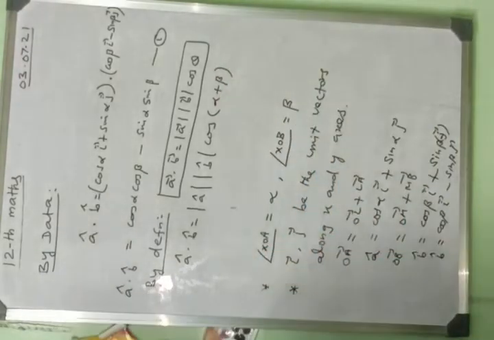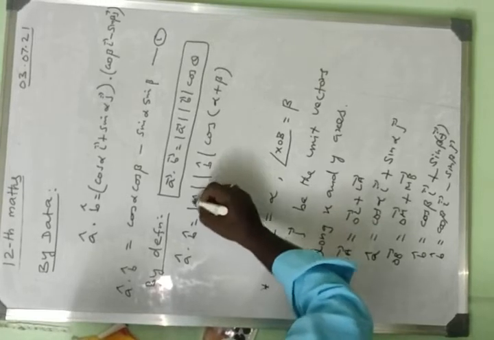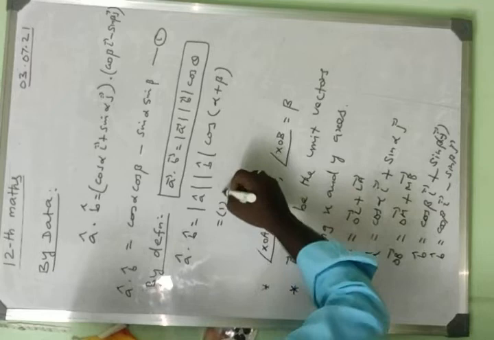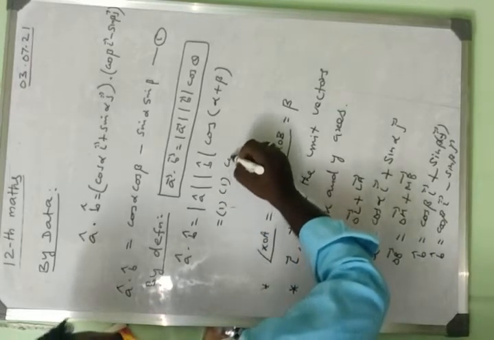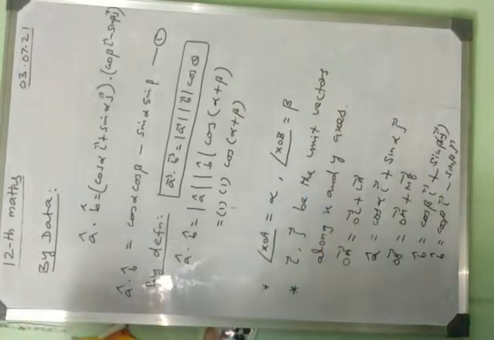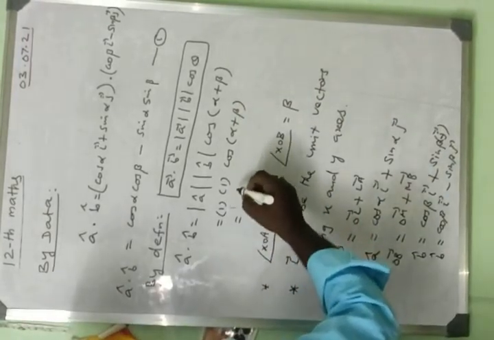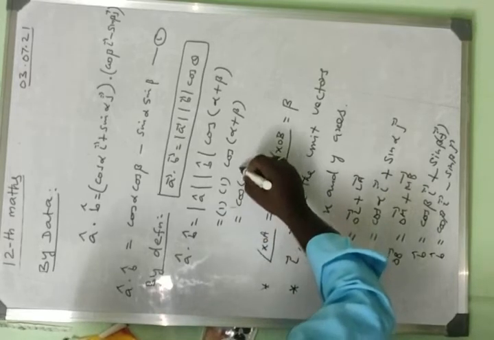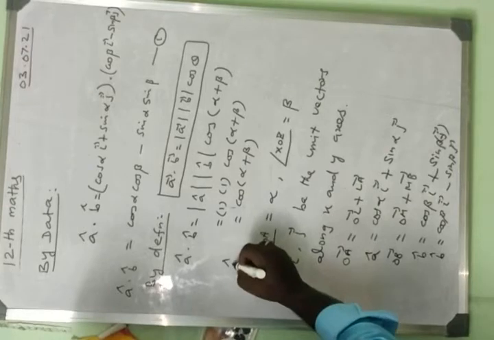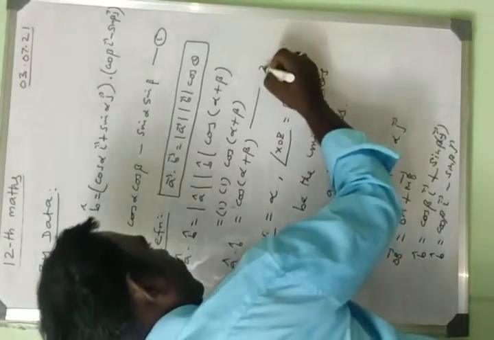Mod of cap A, cap means unit, so we put 1, and the same for B, into cos alpha plus beta. So we get cos alpha plus beta. This is equation number 2.